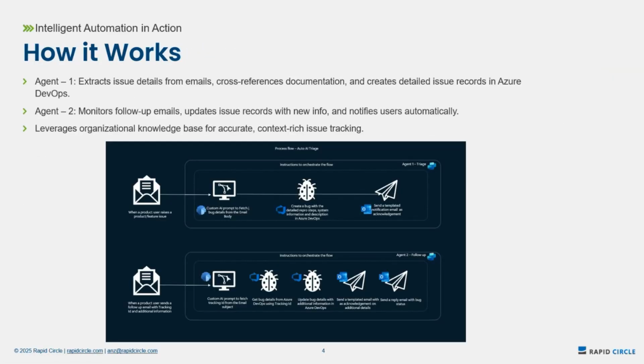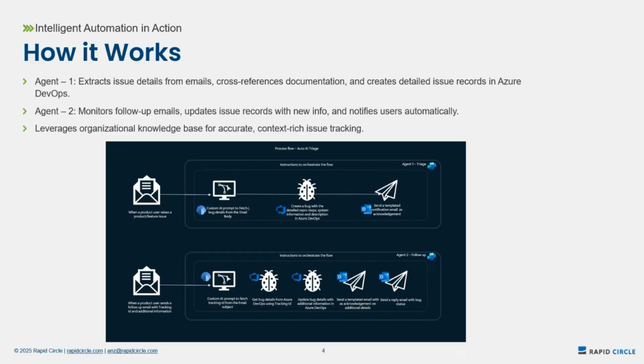What you see here on the screen is that it starts with a product or service user raising an issue over email. Instead of a support agent manually reading and logging the details, the first AI agent that you see at the top here is responsible for monitoring or listening to that email box.